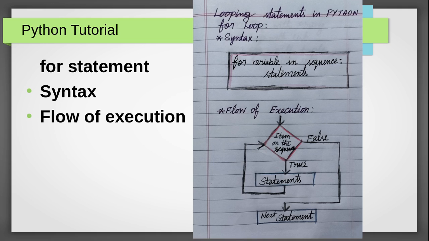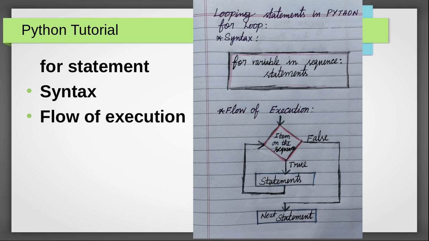Here for and in are keywords, and the sequence may be a list, tuple, string, range, anything, then a colon, and then we have a number of statements. So this goes through each item in a sequence. When the item reaches the last one, the loop goes to the next statement.